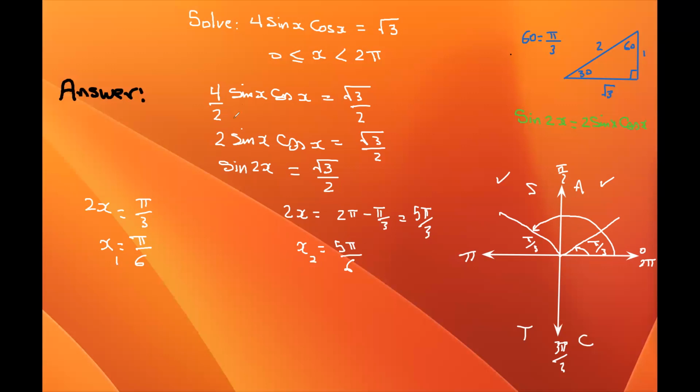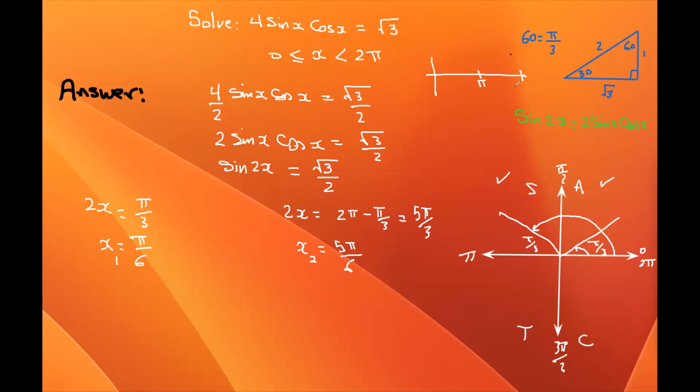But the thing with these kinds of questions, because of the 2 here, the number of solutions is going to double. So you're going to have 4 solutions, not 2 solutions. And if you want to see why, if you remember how the sine graph looks like, the sine graph usually has a period of 2 pi.